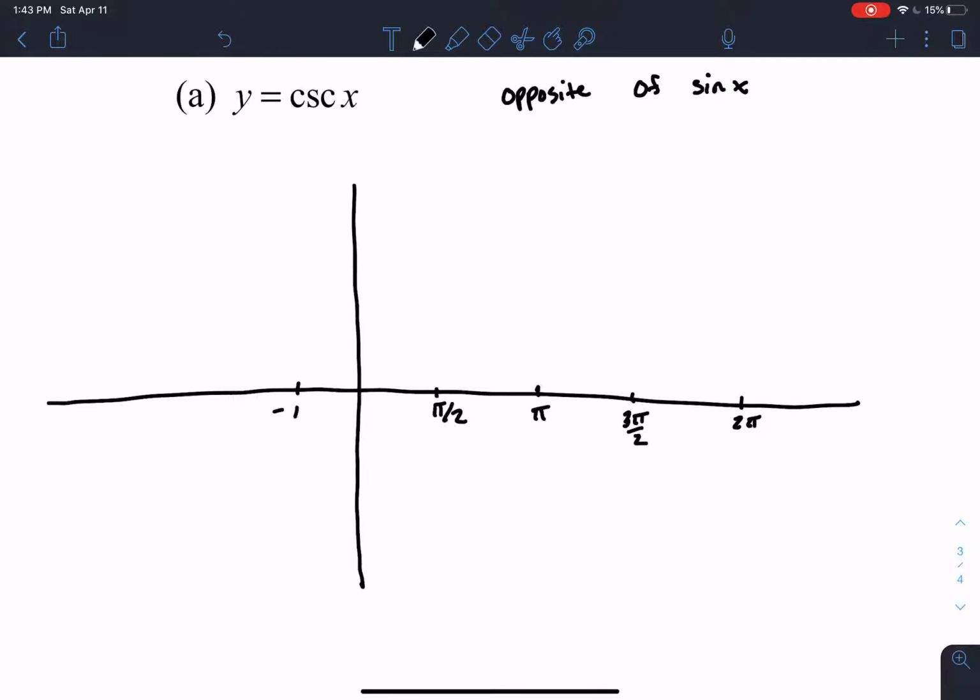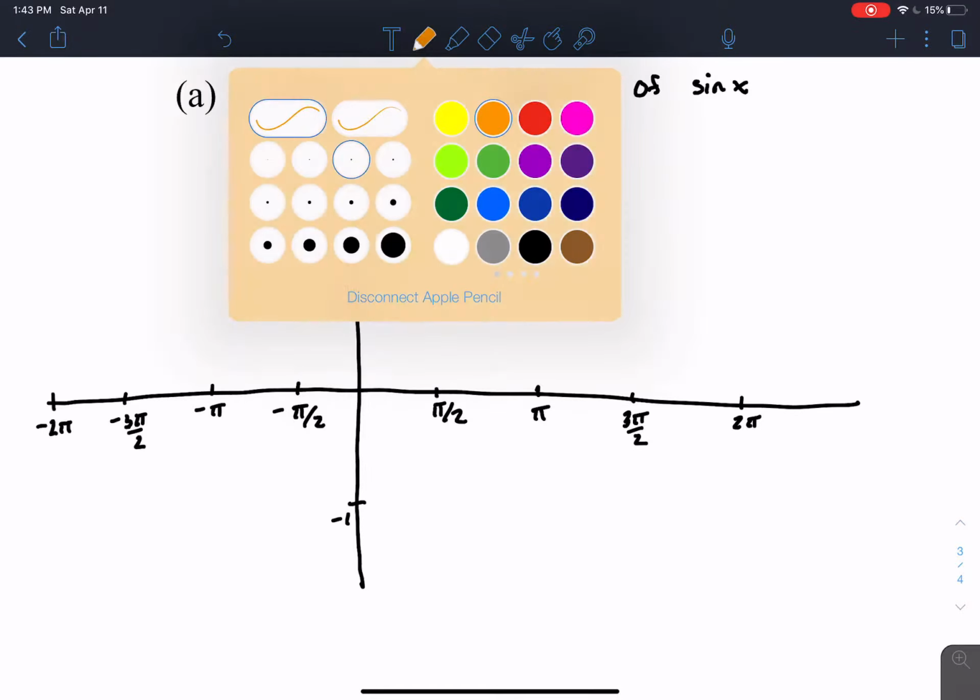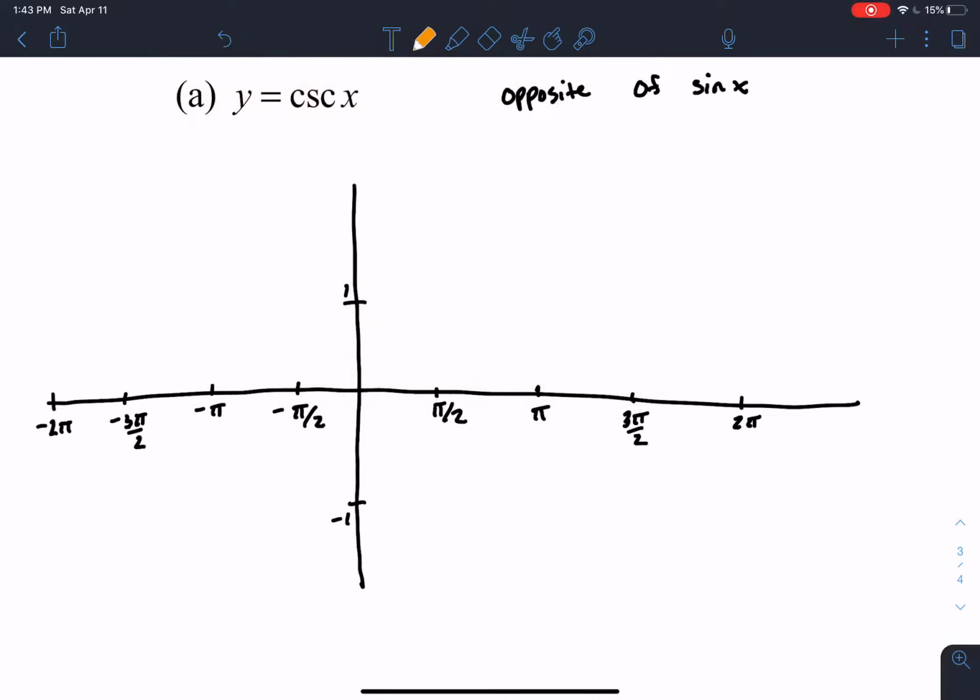So I'm going to go from negative 2 pi to 2 pi, and up to 1, negative 1. Now I'm going to very lightly draw the sine graph. So you have axis, high, axis, low, axis.